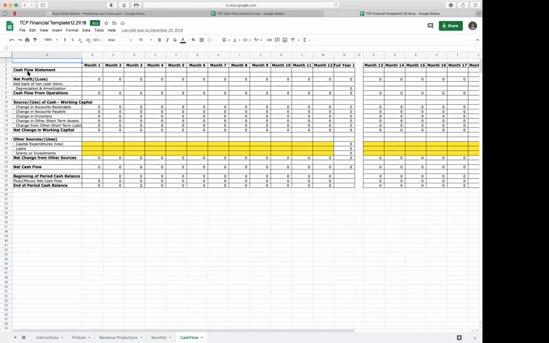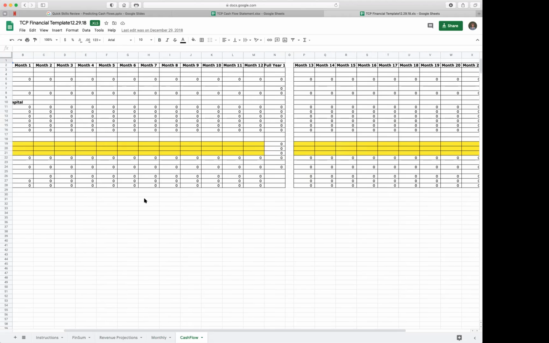So you get this nice cash flow statement, which is what I was referring to before, where I'm predicting my cash flow from operations, and calculating all my changes in working capital. The model does it for you. And then I'm adding in my changes in external financing, and I get a net cash flow. This is the way I can monitor my cash balance on a day-to-day basis.